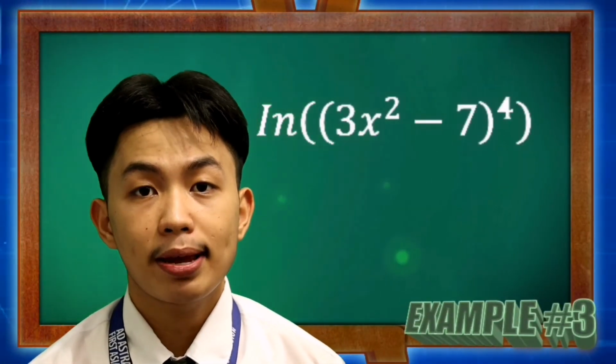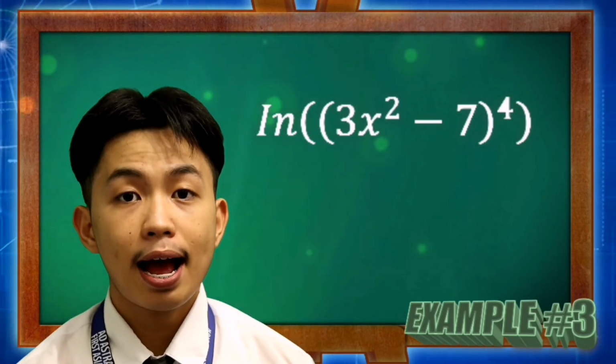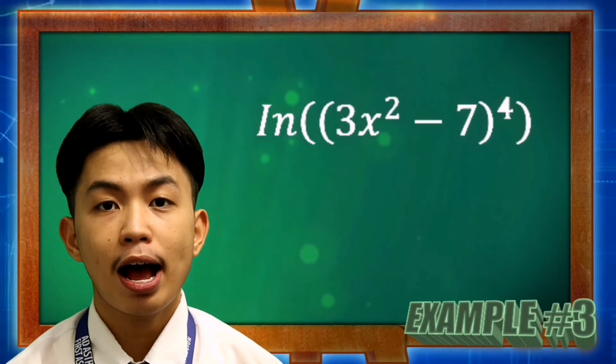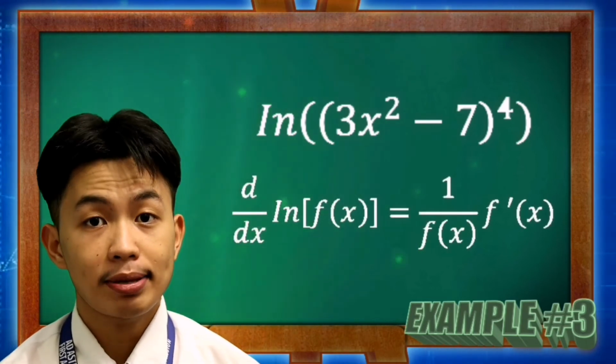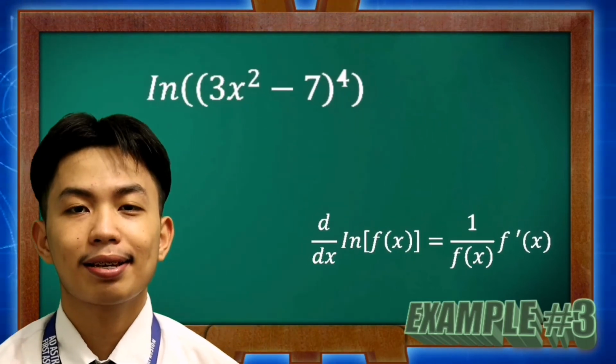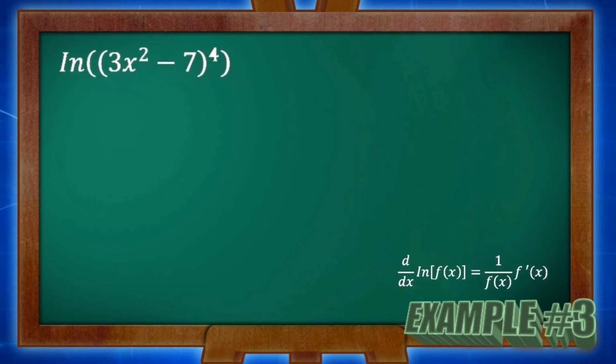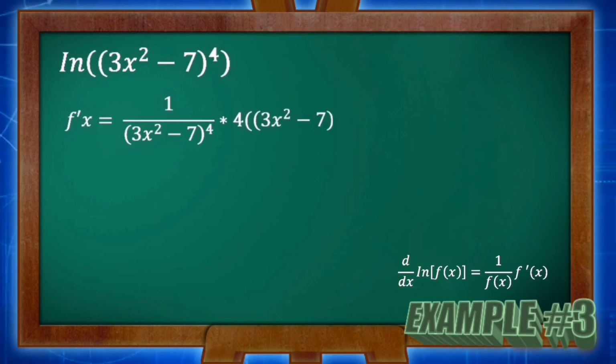For our last example, we have ln of (3x squared minus 7) raised to 4. So guys, like example number 2, we need to use the formula 1 over f of x times the derivative of f of x. By using the formula, it will become 1 over (3x squared minus 7) raised to 4 times 4 times (3x squared minus 7) raised to 3. Since we need to use the chain rule, we will find the derivative inside the parentheses.